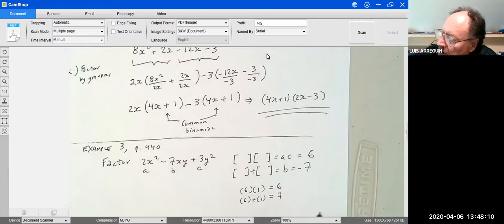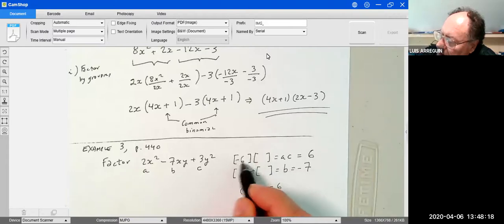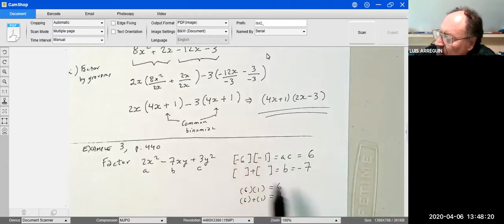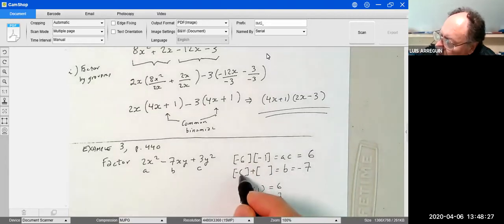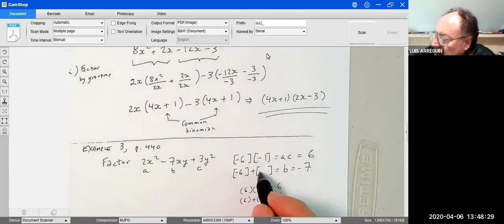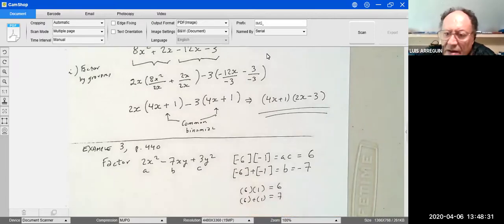But you need a negative 7. So what I'm going to do is switch the sign. I'm going to get negative 6, negative 1, because the product is going to be positive, because negative times negative is going to be positive, and also negative 6 plus negative 1 is going to be negative 7.